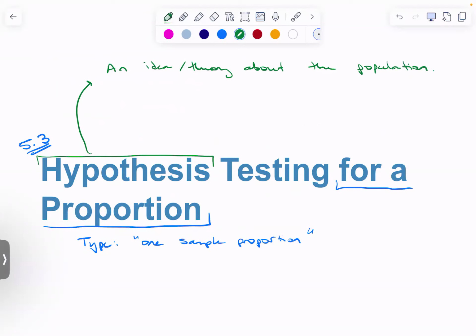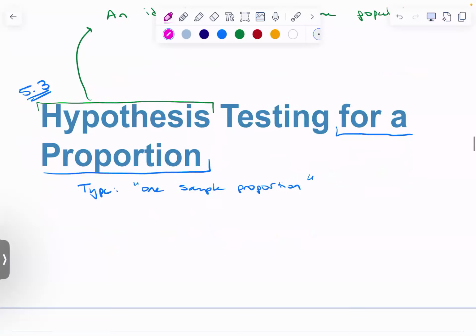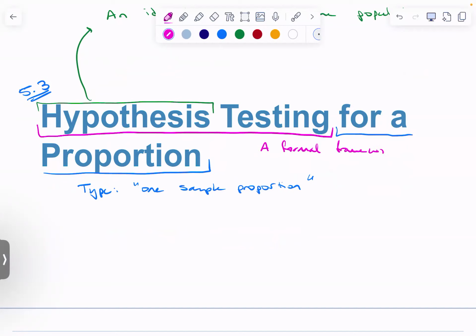Hypothesis testing is a formal framework that allows us to draw conclusions about our hypothesis.